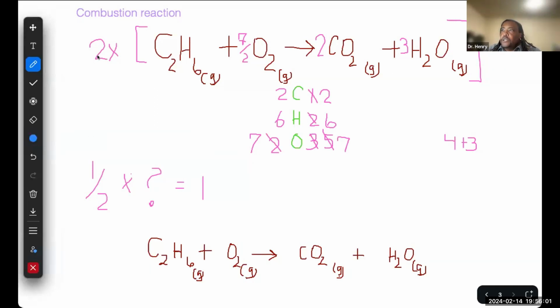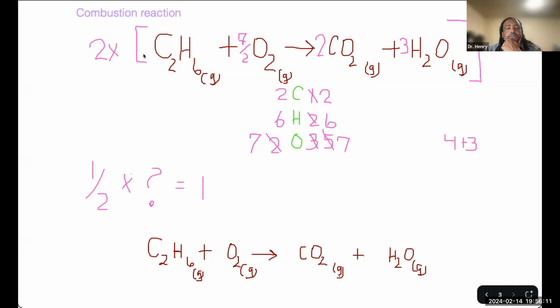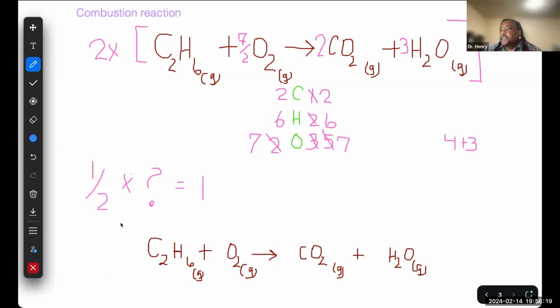Okay, so 2 times the coefficient here. Since there's nothing in front of it, it's assumed to be what number? 1. That's right. It's assumed to be 1. So 2 times 1 is 2, right?